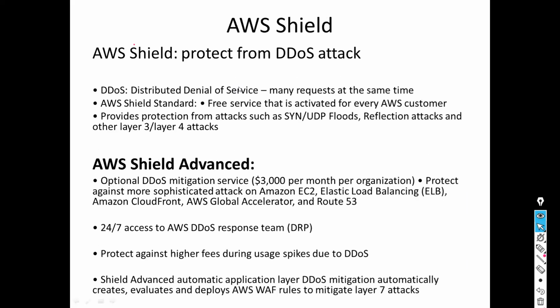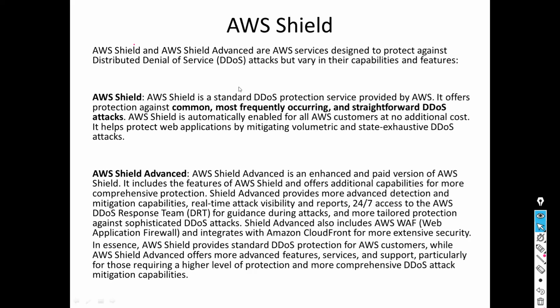So what else? Now let me go to that slide, right? So when we say DDoS attack, that means if it is already covering, right? So what is AWS Shield first?